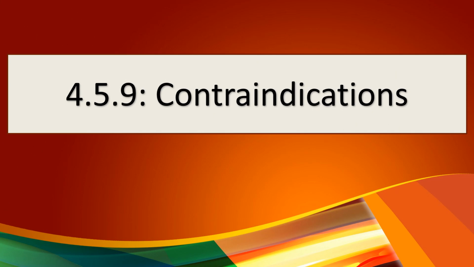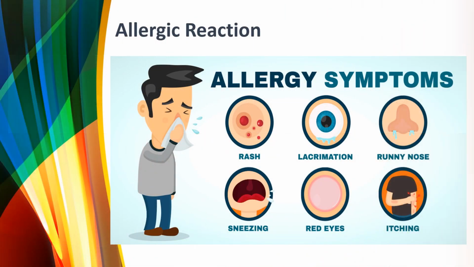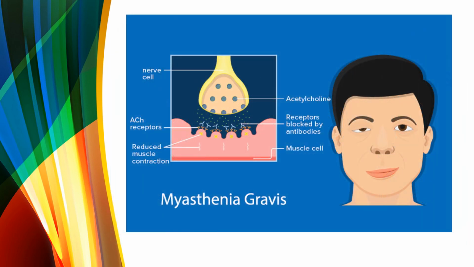Diazepam contraindications. Allergic reaction. Individuals with known allergy or hypersensitivity to diazepam or any other benzodiazepine should avoid its use. Myasthenia gravis. Diazepam is contraindicated in individuals with myasthenia gravis as it can worsen muscle weakness.